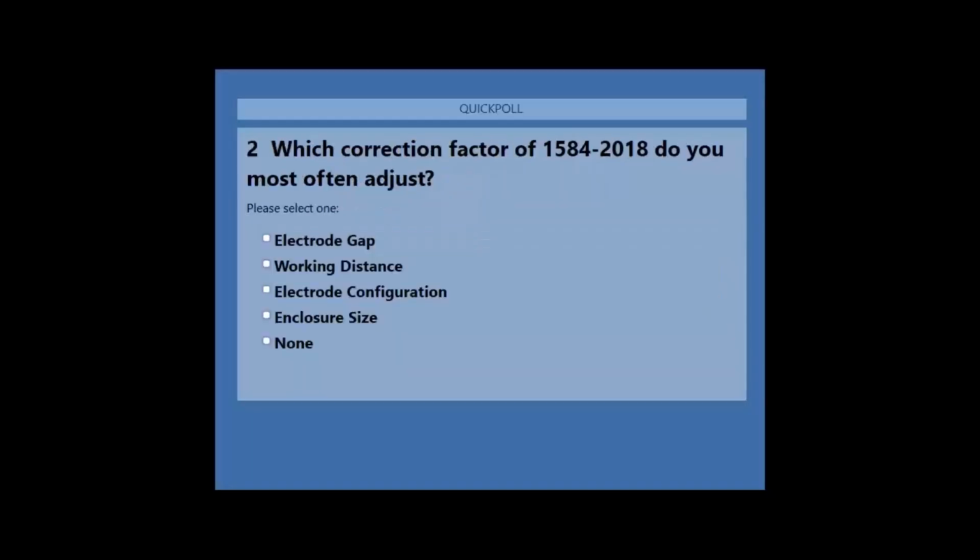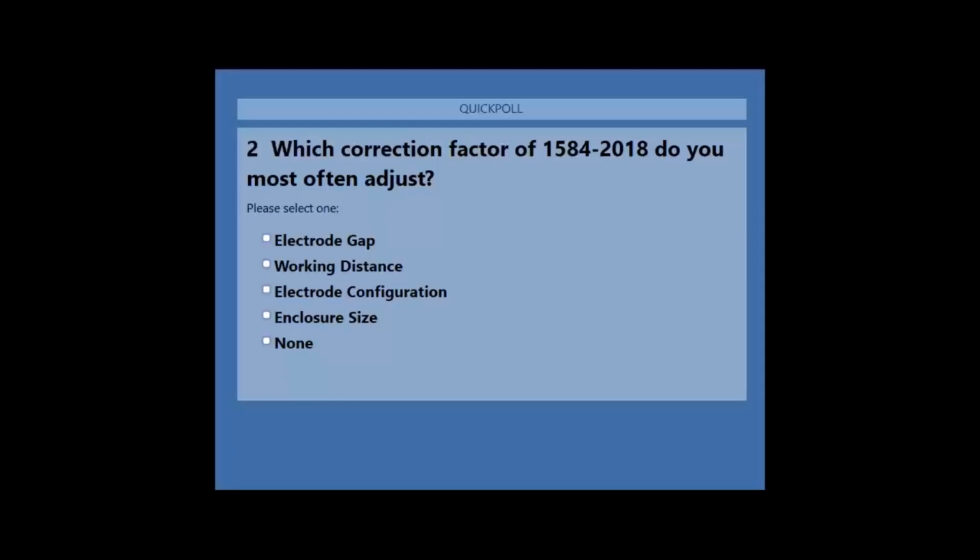It looks like we have a majority, at least, utilizing 1584-2018. Then the next question is, which correction factors of the 1584-2018 model do you usually update? This is one of the quandaries that we have as users of the model at any given time. I'm really interested in seeing what these results are.